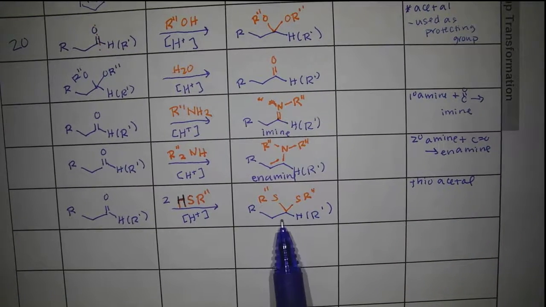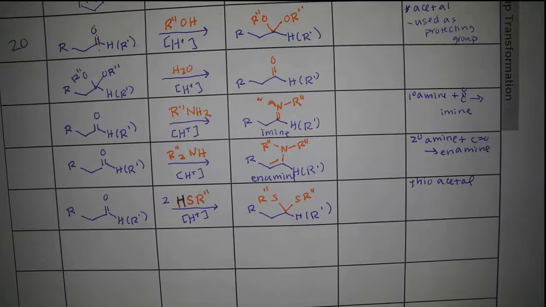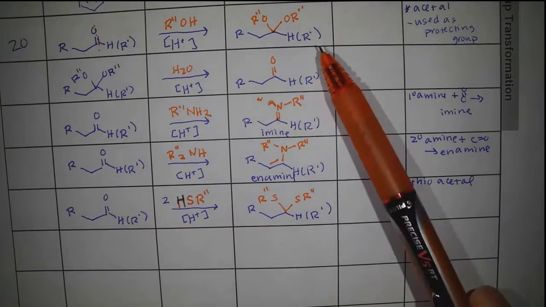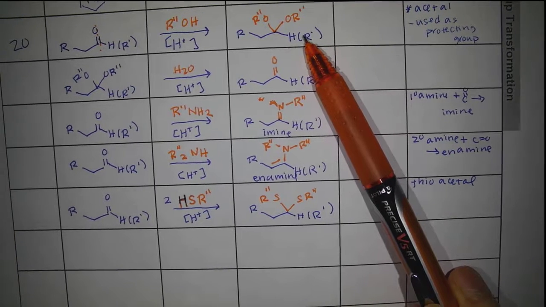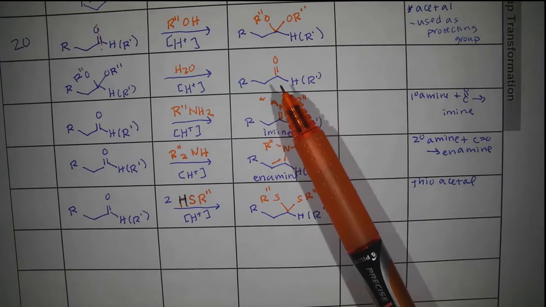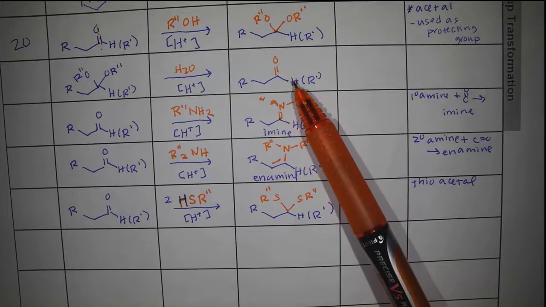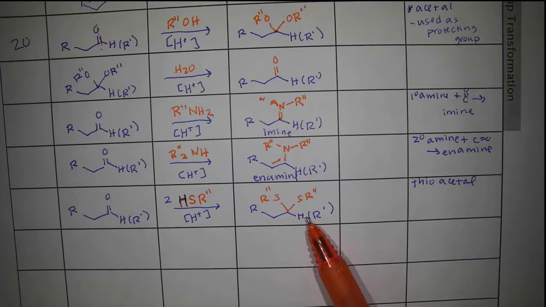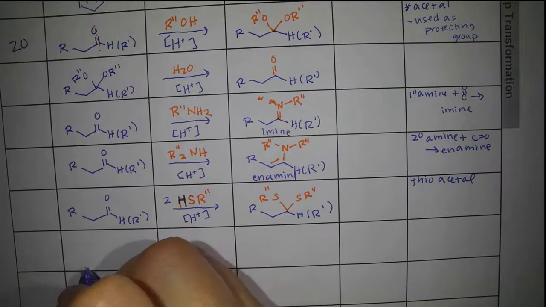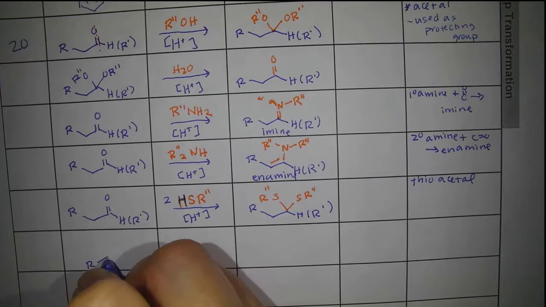These are nicer to use if you're working on a different part of your molecule and there is acid and water present. With the regular acetals, if you do that reaction in the presence of acid and water, you will deprotect your carbonyl, but these thioacetals require different reagents in order to remove them. Or they're a little bit sturdier. This also requires water and acid to remove it, but they're not as labile as the other ones.